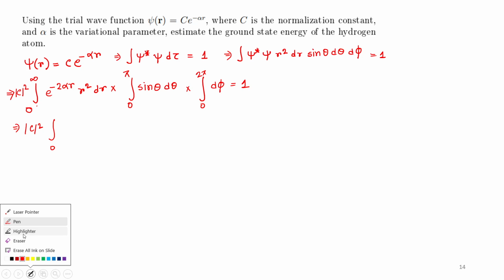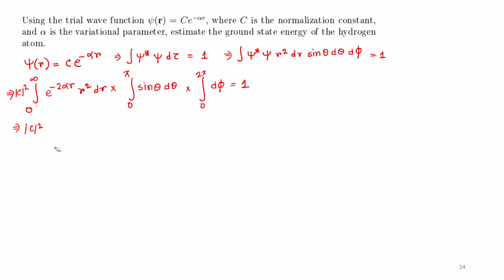So you can directly write this, that is going to give you 1 double factorial over 2 to the power 2 into derivative to alpha, and pi by 2 alpha to the power half, and from this sine theta you are going to get minus cos theta, but you have 2 pi to 0, and here I will do 2 pi.